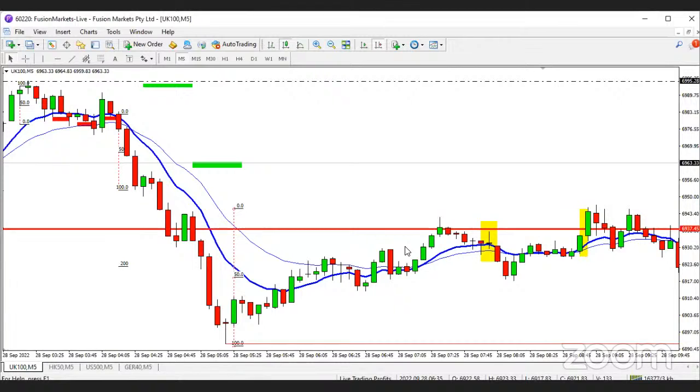So the bears may still come back and want to sell. You've got to be looking at the market and being aware, of course, when the opening is coming. But in this particular setup, we didn't get any decent setups for us to have traded. If we get double tops, pullback, lower high, we could have looked at that with a stop above there.